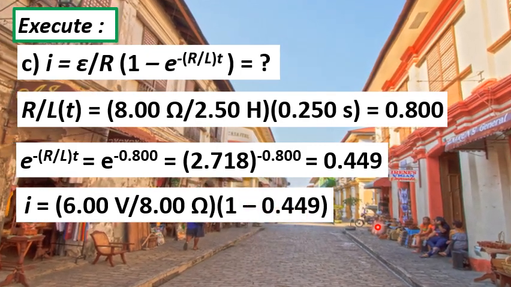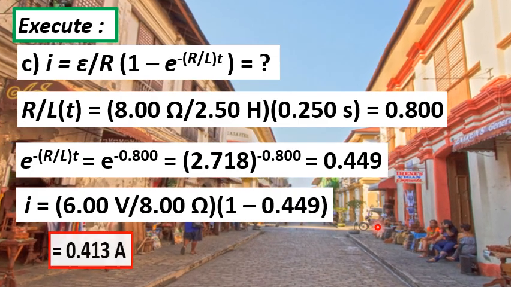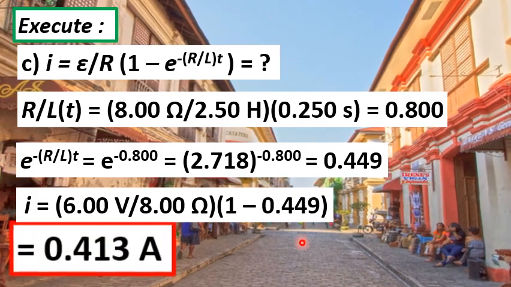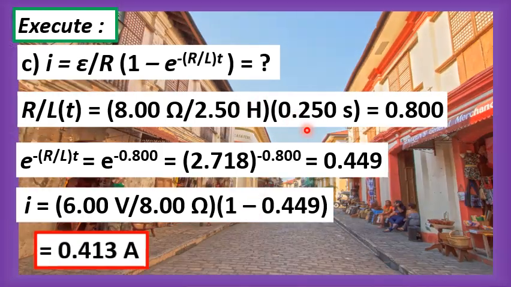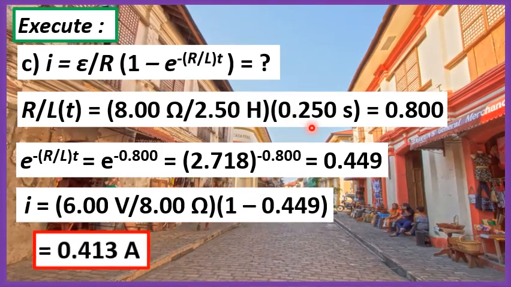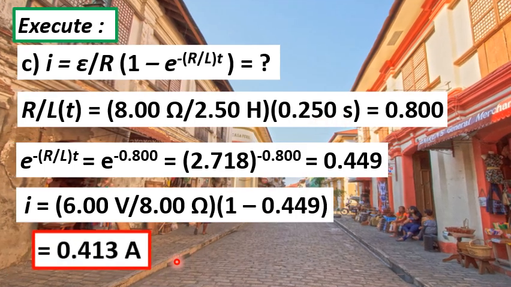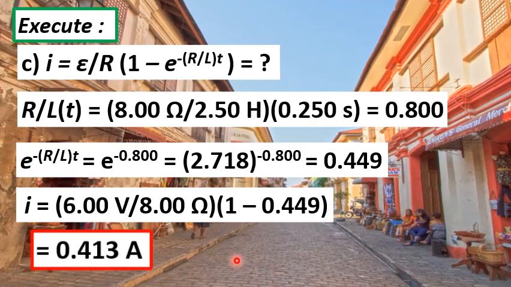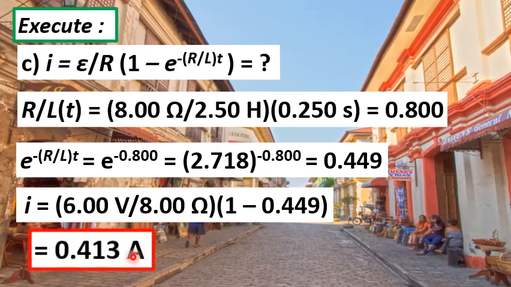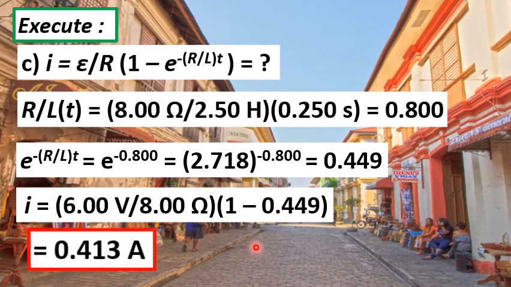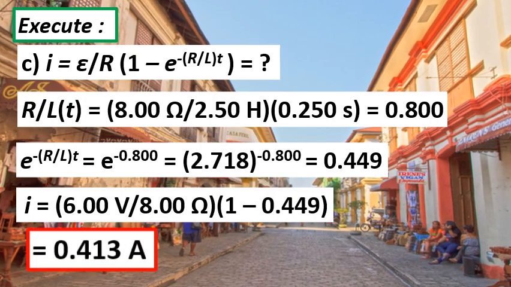So again, doing our math, we will find the value of the current i at time 0.250 seconds. The instantaneous current, small letter i, is equal to 0.413 amperes in three significant figures.